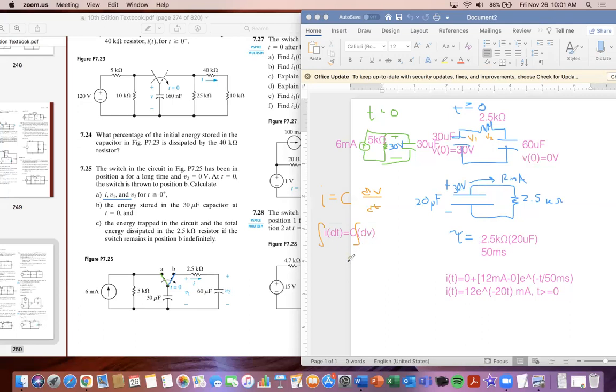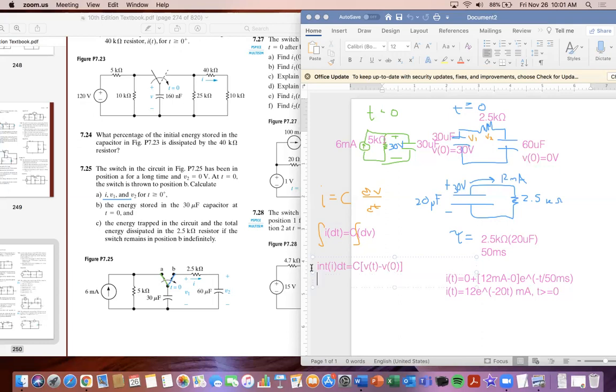it's going to be C times V of t. Sorry, it's going to look bad. I'm just going to write the integral of I dt equals C times V of t minus V of 0.